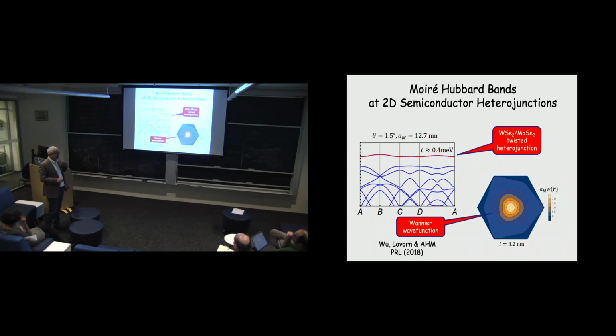It's actually two-dimensional electrons moving in a sinusoidal potential, lowest harmonic potential, which, because the underlying lattices are triangular, the Moiré superlattice potential also has triangular lattice symmetry. And so from a theoretical point of view, this is the simplest example of a Moiré superlattice system.